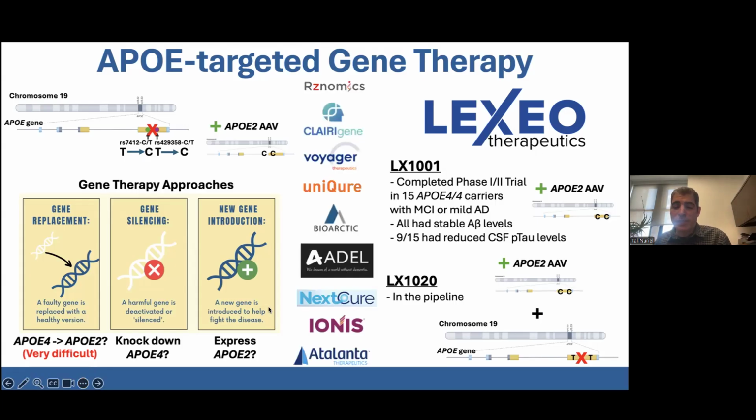And then, when I looked up which companies were doing this, I found a long list of other biotech companies that are trying either gene therapy approaches or antibodies to knock down ApoE4 or antisense oligonucleotides. Some version of these approaches are being tested.